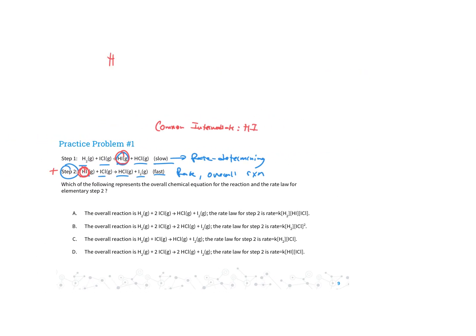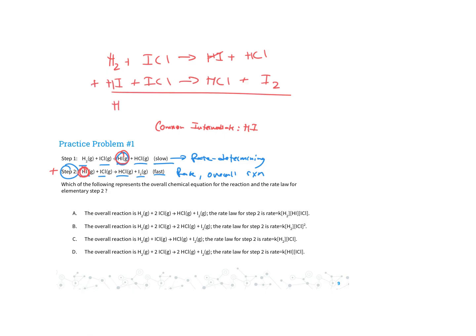So if we have H2 plus ICl makes HI plus HCl, our second reaction is that same HI reacts with more ICl to make more HCl as well as I2. All we got to do is add these two reactions together. We can see that our H2 will come down to the bottom.